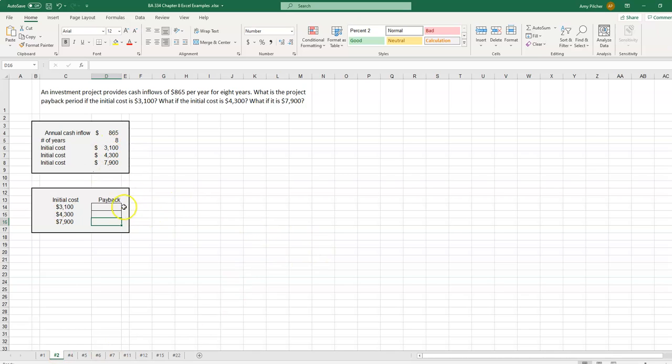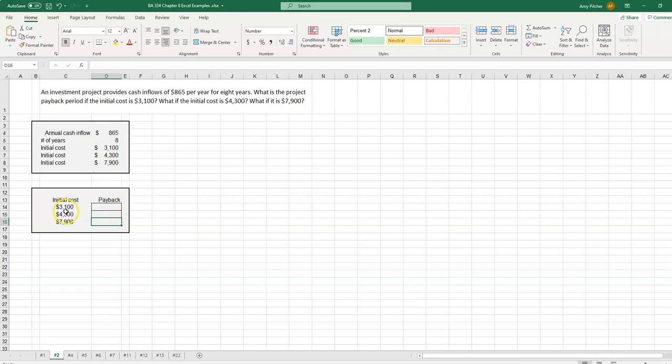In this example, we're also calculating the payback period, but now we have even cash flows. When we have the same exact number of cash flows over a period of years, we just take the initial cost divided by the cash flows.